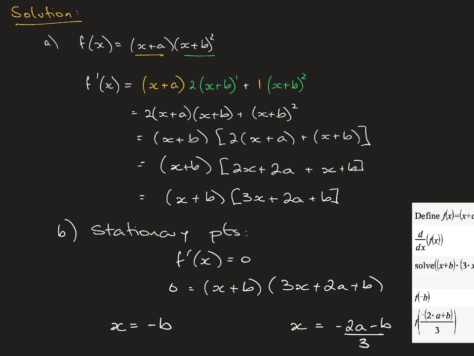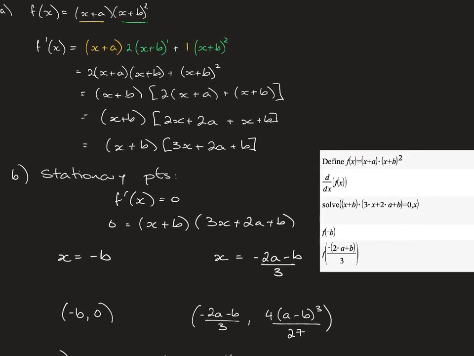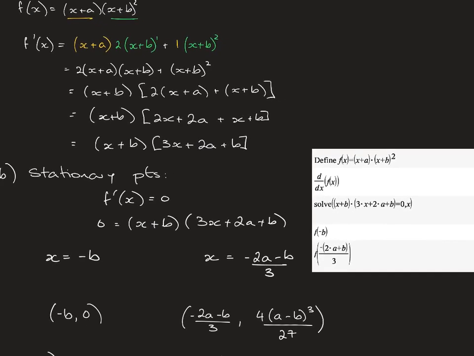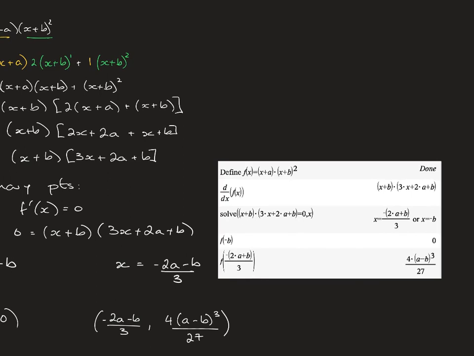And again, unless this was exam 1 and I wasn't able to use my CAS calculator, I would simply do this using my CAS calculator, which is what I've done over to the side. So you can see here that what I did was I defined the function so that I could find its derivative.